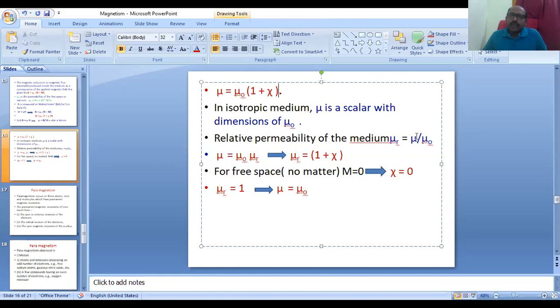It is the ratio of these two, that is the relative permeability of the medium, mu r is equal to mu by mu naught. From this equation, we are writing mu is equal to mu naught into mu r. So here we have two equations.